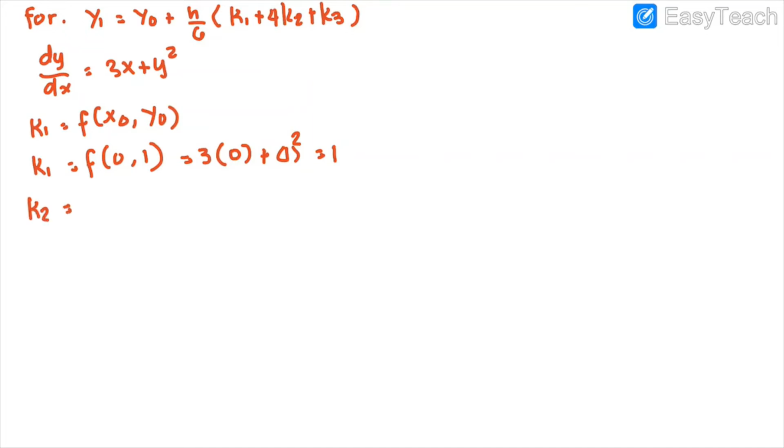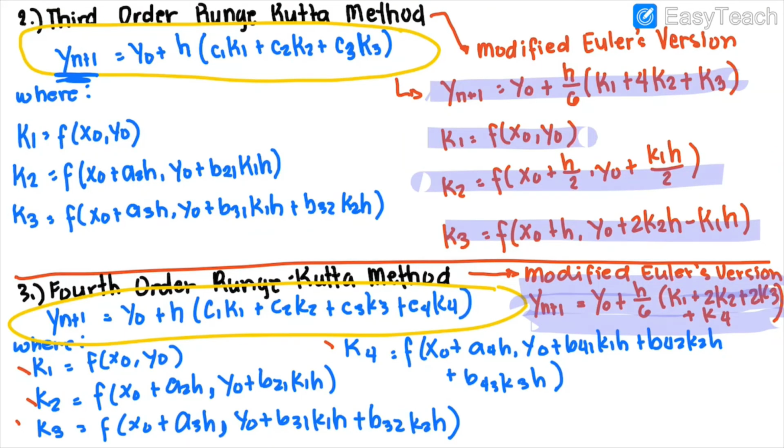Then k2 is simply equal to f of x0 plus h over 2 and y0 plus k1h over 2. Is that right? That was our equation, right? For the third order, solving for k1, solving for k2, under the modified Euler's version.